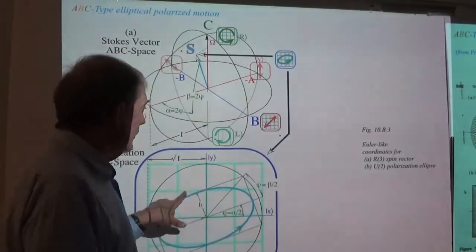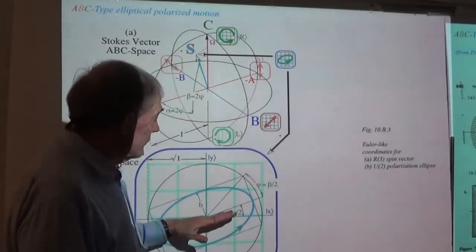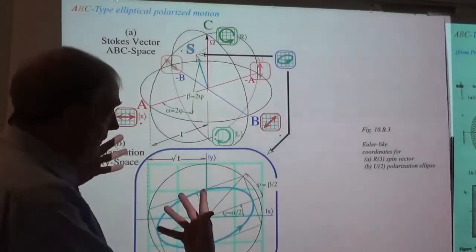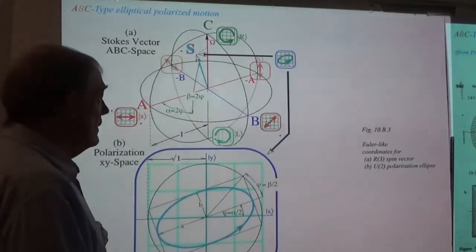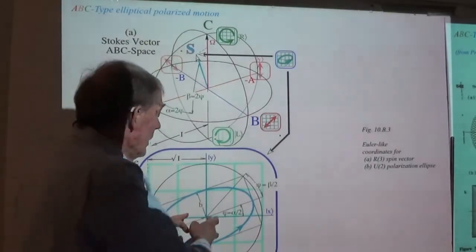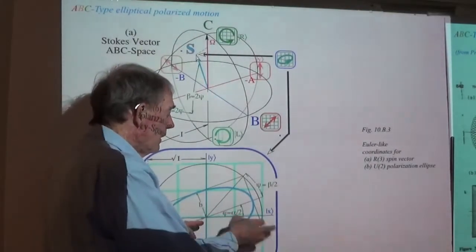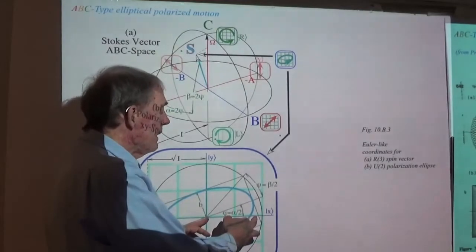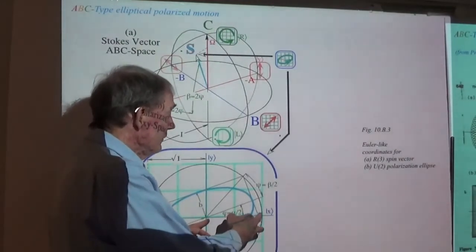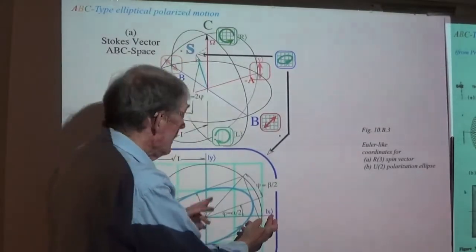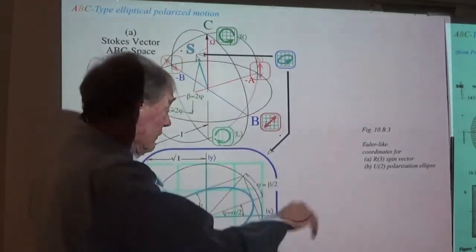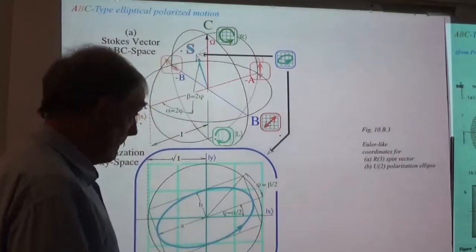This is the trajectory of the tip of an electric vector of a plane wave coming at you with, in this case, some phase other than 0 and pi between the x-axis and the y-axis, what we call x1 and x2 in all of the stuff we've done so far.